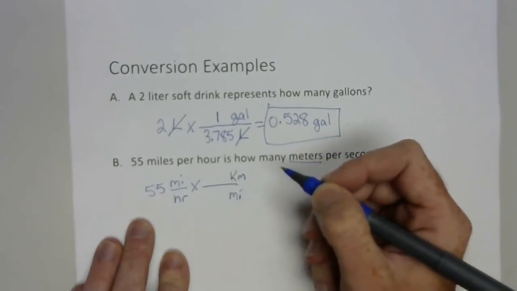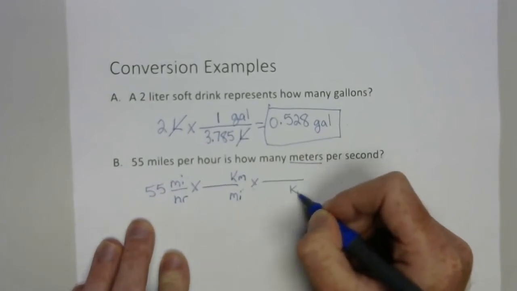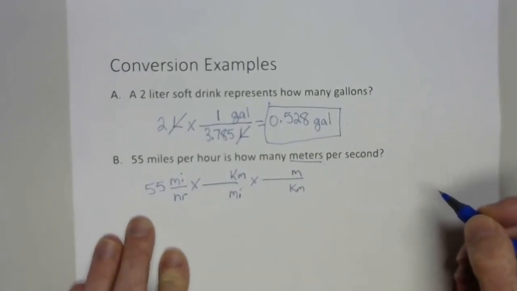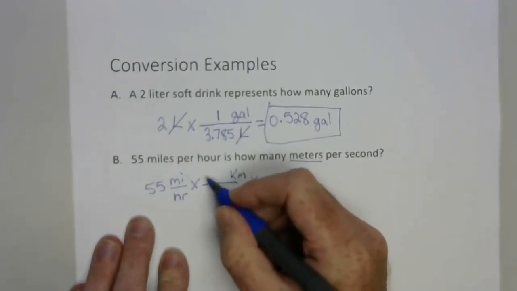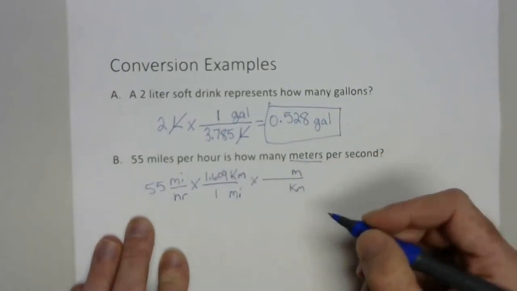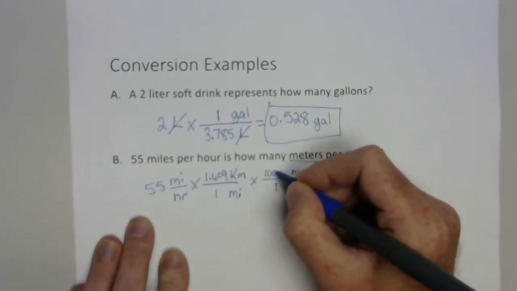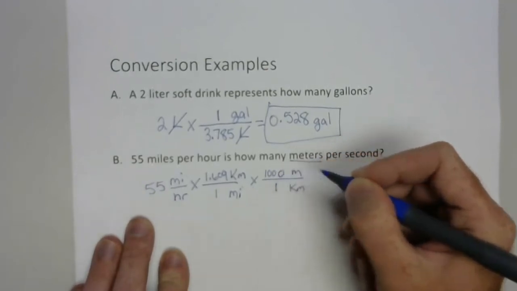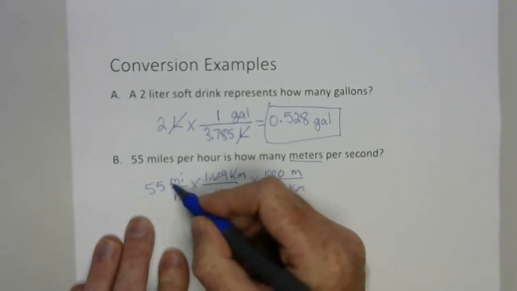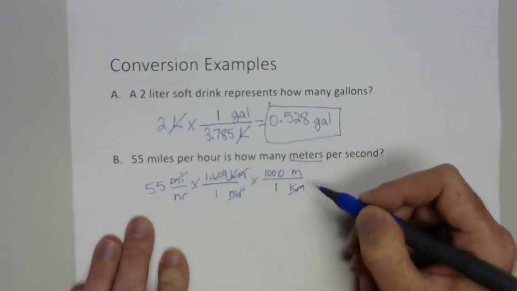I don't have a straight conversion to meters, but I can get from kilometers to meters using a metric to metric conversion. So 1 mile is 1.609 kilometers. Then 1 kilometer is 1,000 meters based on our metric identity. So we can see the miles cancel, the kilometers cancel and leave us with meters.